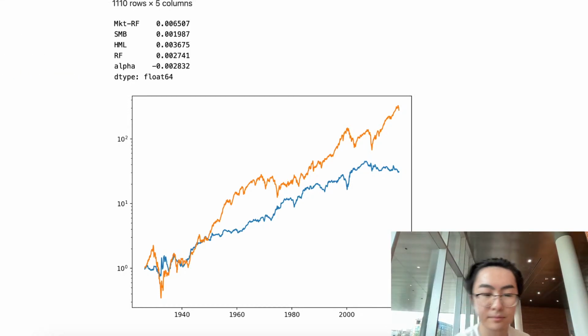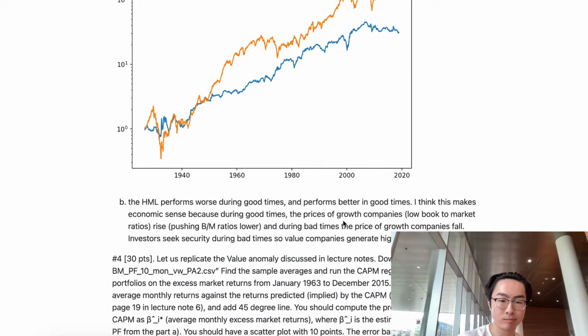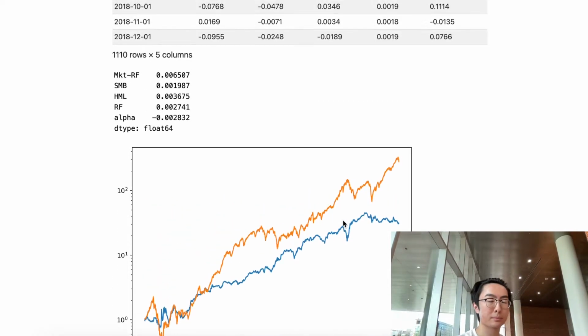Okay. So how much of the average returns reflect the systemic risk of the strategy?